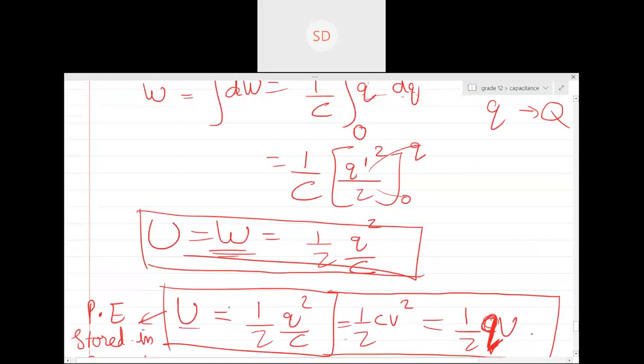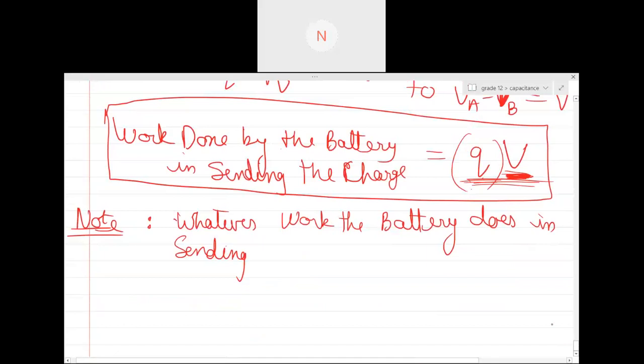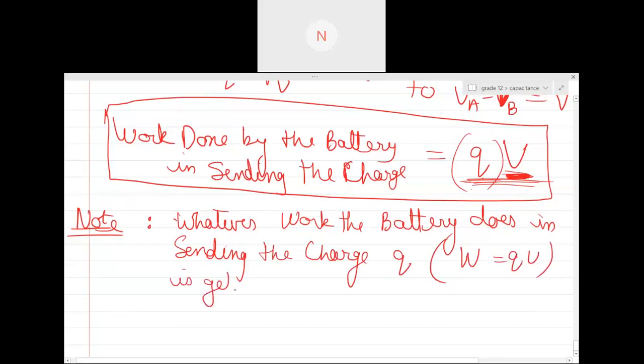Are you getting my point? So the other half of the work is dissipated in the form of heat. Whatever work the battery does in sending the charge Q, which is basically Q into V, is getting used in two parts.